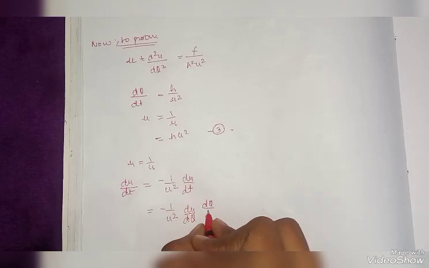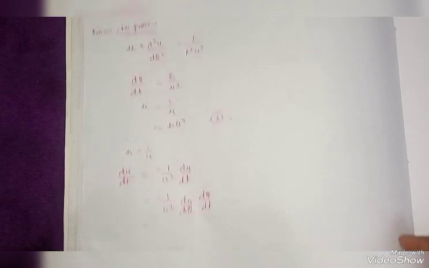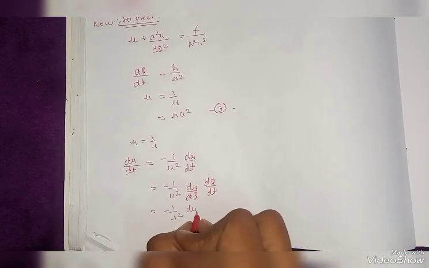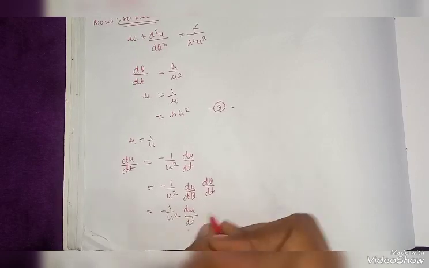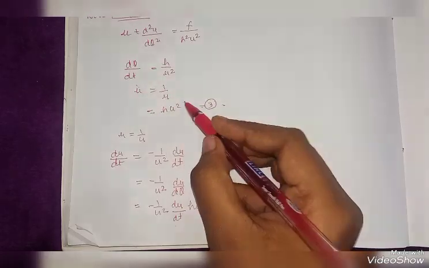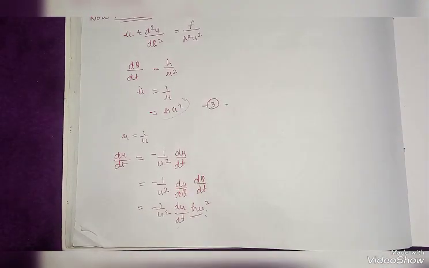So we'll get minus 1 by u square du by d theta times d theta by dt. Here d theta by dt is h u square, from equation number 3, we are resubstituting it here.